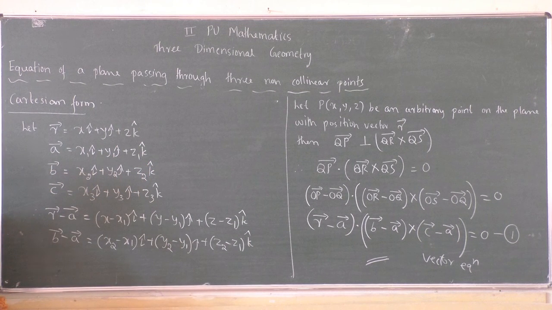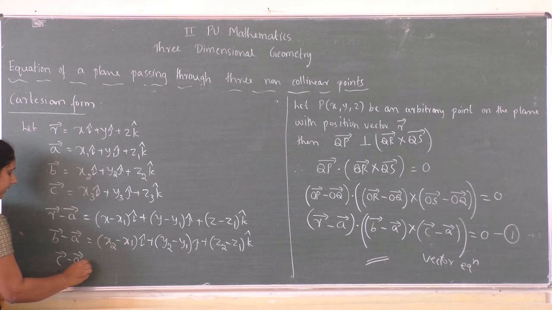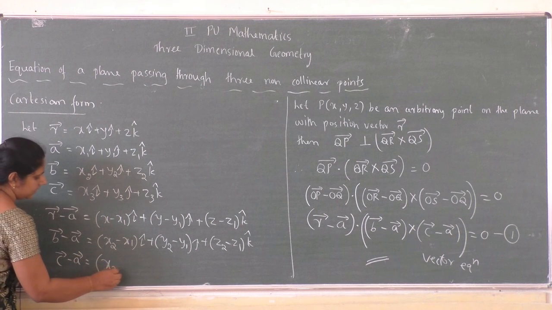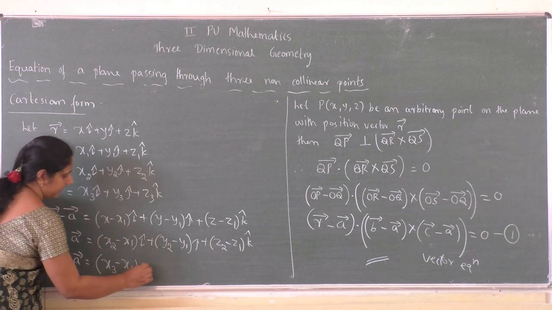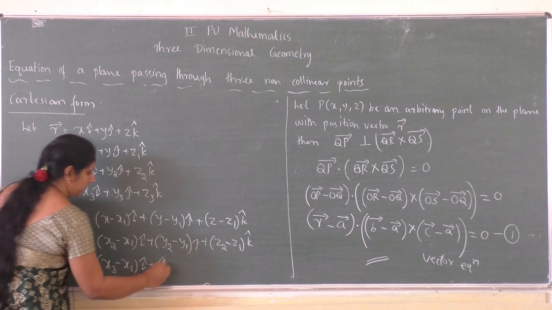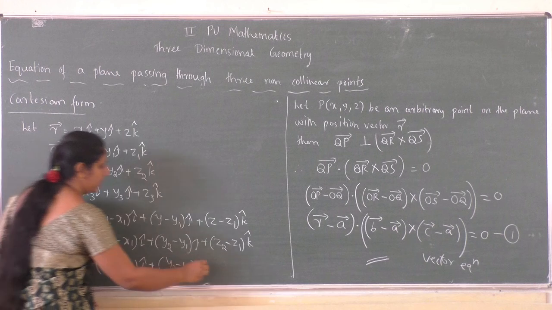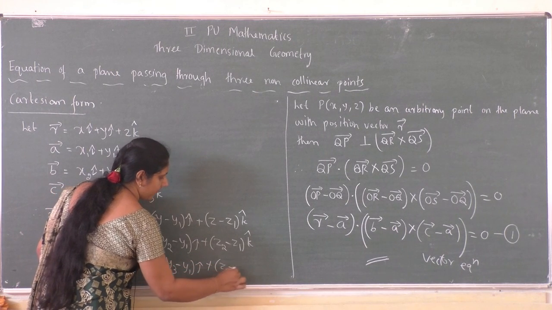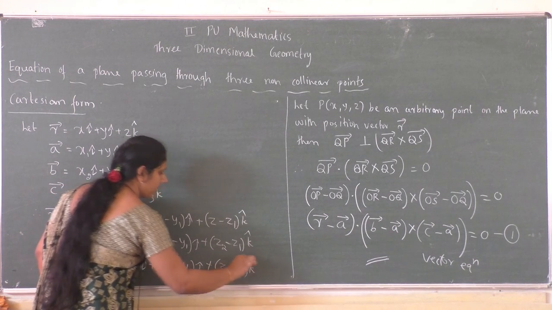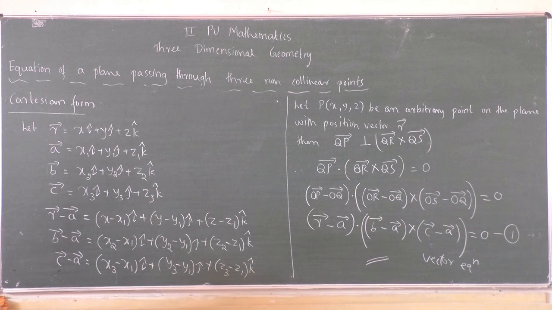Next we want C vector minus A vector. So what is C vector minus A vector? It is x3 minus x1 i cap plus y3 minus y1 j cap plus z3 minus z1 k cap.